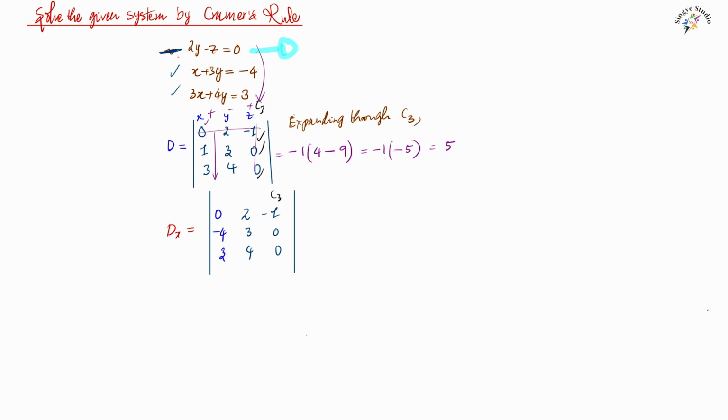We get -1, now this and this will get deleted, so it will be -16 minus 3 times 3, which is 9. So it will be minus 25, so it will be +25.